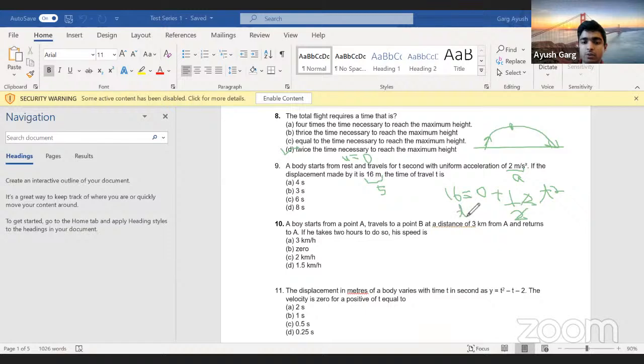T is equal to 4 seconds. That is your answer. T is equal to 4 seconds.